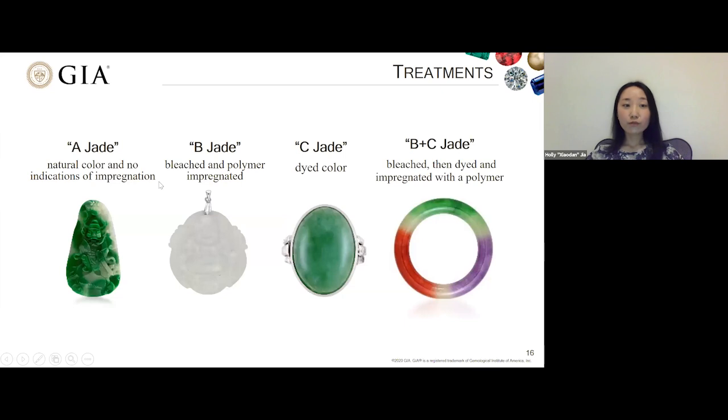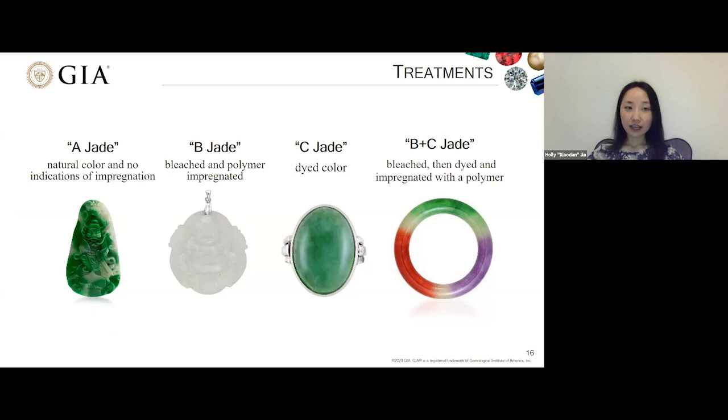So next we will move on to the treatments in jadeite. Many of you may have heard of the terms A jade, B jade, or C jade. Using ABC to describe different types of treatments in jade has been especially popular in jade trading or in Asian markets.